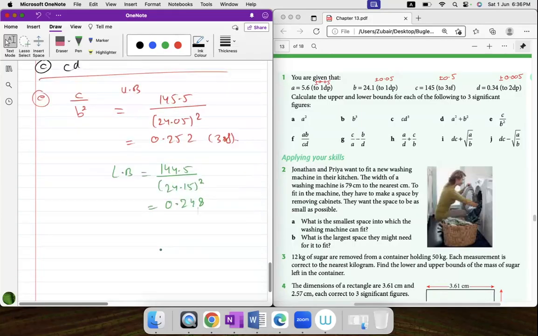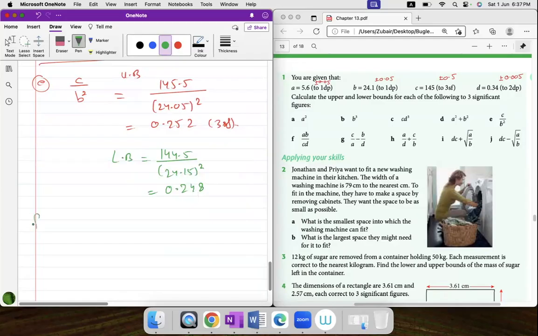Okay. Can you try F part? Are the values readable? Yes. Let me know the answers of upper bound and lower bound.